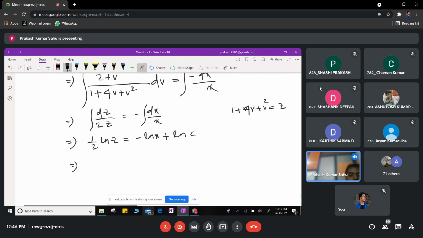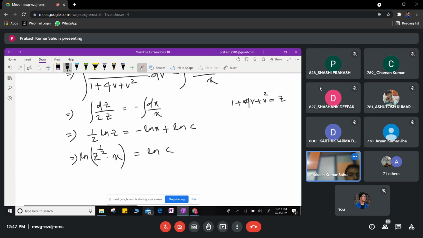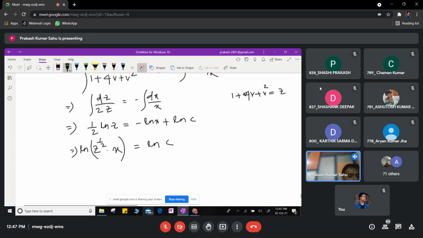So here you can see this is z to the power half into x is equal to ln c, taking minus ln x to the left hand side. Is it correct? Yes sir. So now this is z to the power half into x is equal to c.